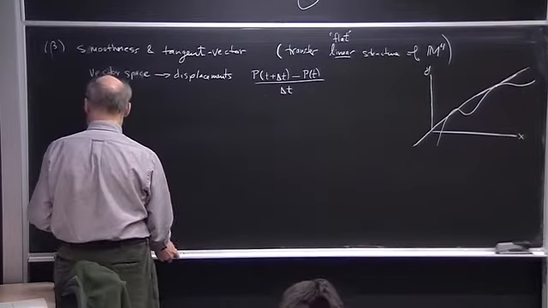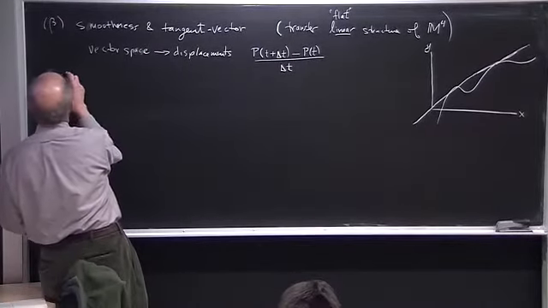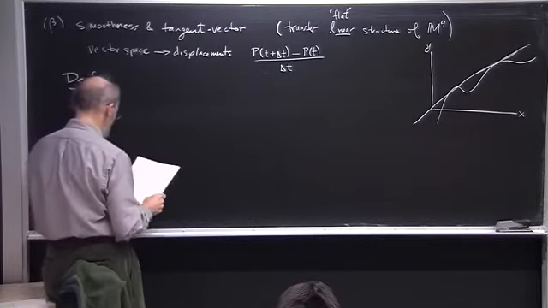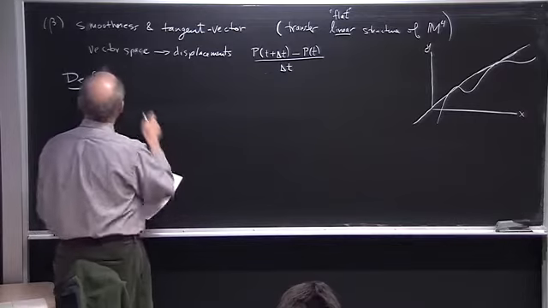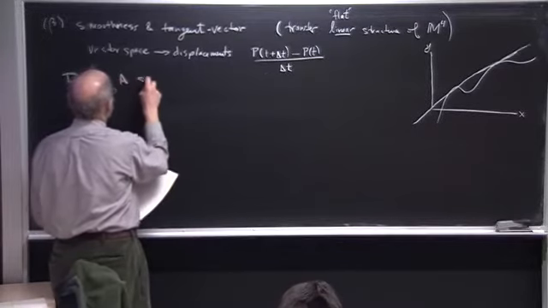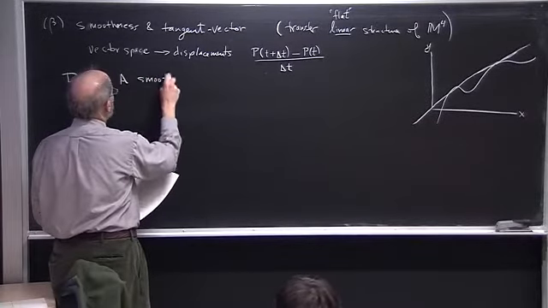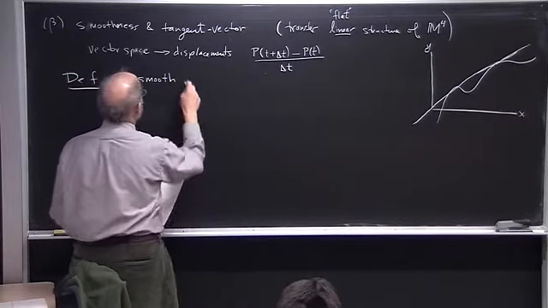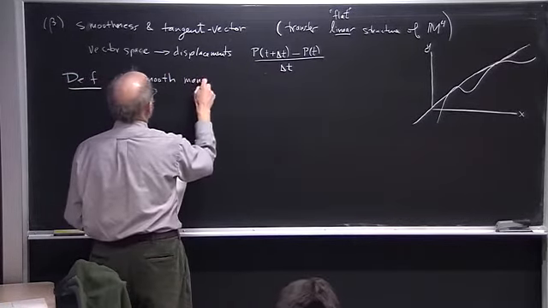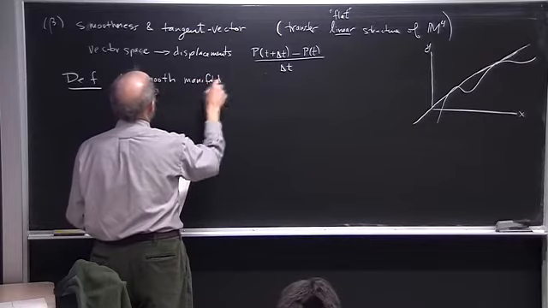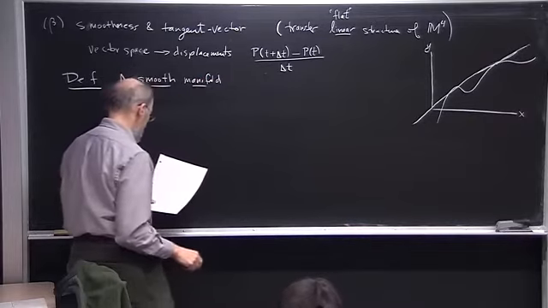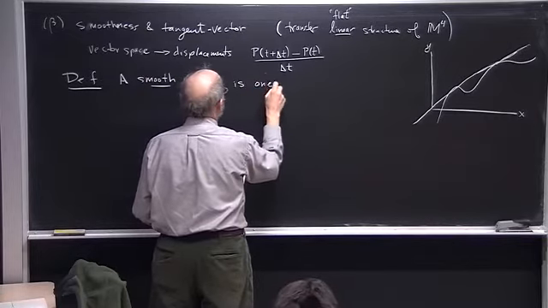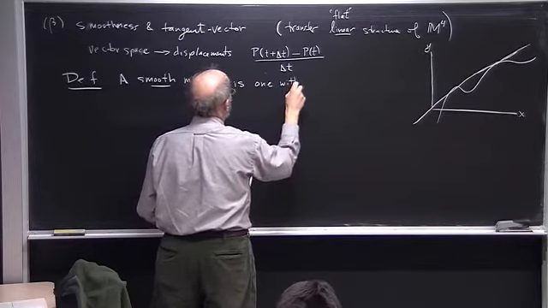So now with all that background, the definition is, of course, very simple. We'll just define a smooth manifold. That means a manifold in which you can form derivatives like this. It is just exactly like the definition before.